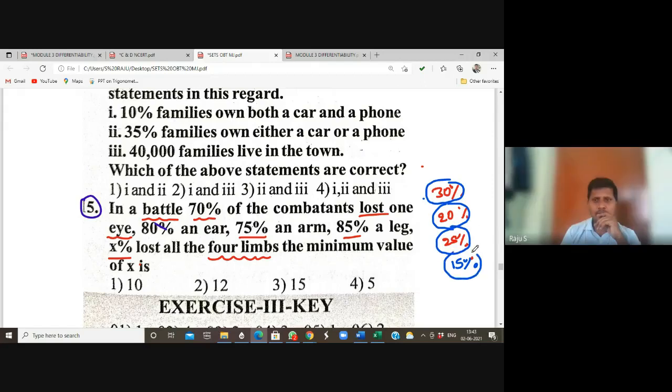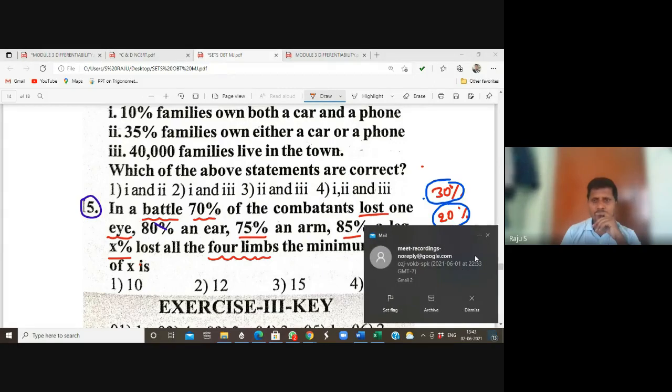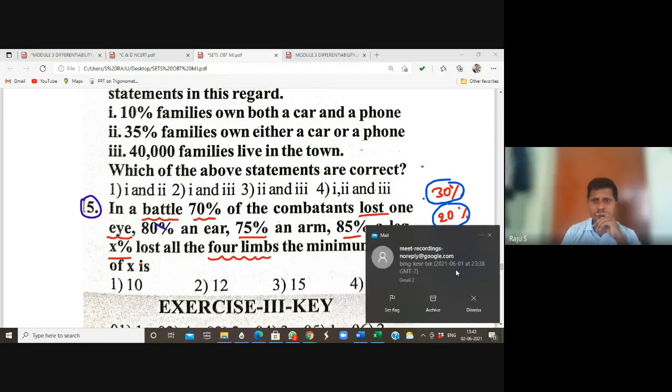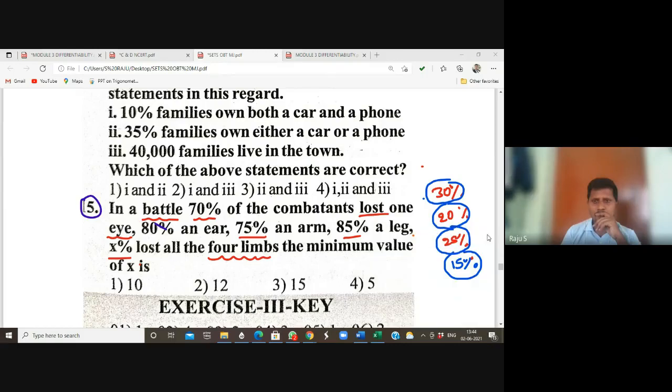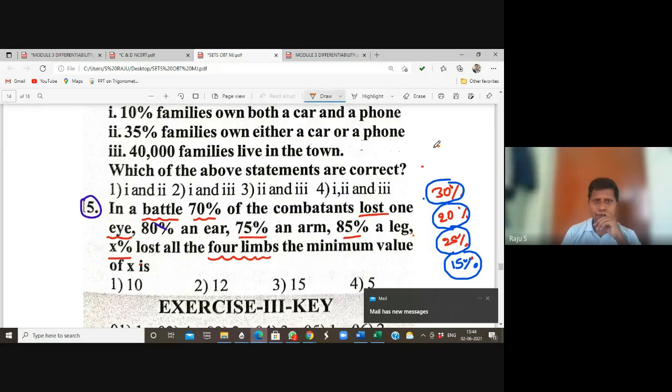How many of you understood this? A simple question. Out of 100, 70% of the persons lost one eye means remaining 30% did not.